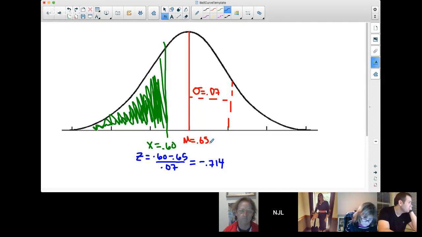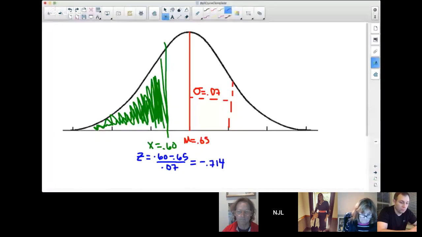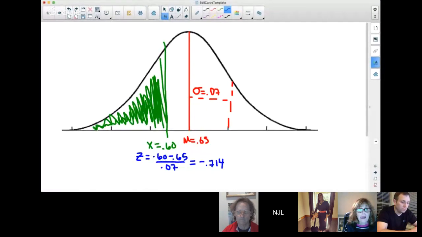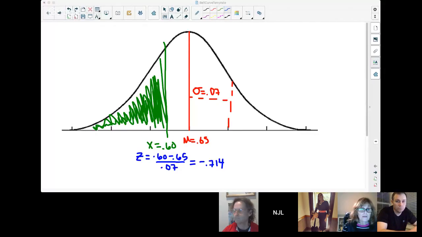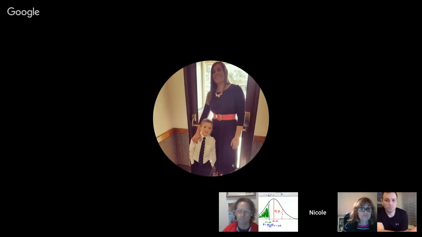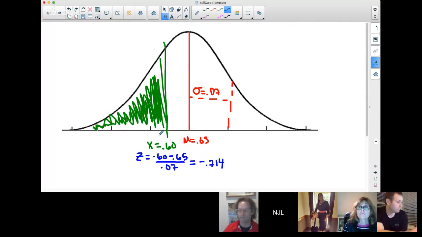Now I'm like, okay, I've got the standardized score. I've got the area already shaded, right? Now go into that normal probability applet. So now open your normal probability applet and just kind of follow the drawing. So the z-score is to the left.